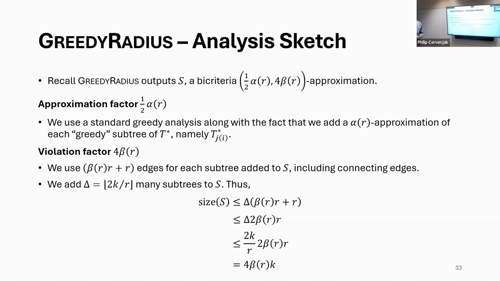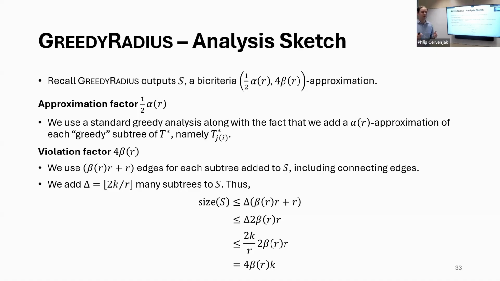And then to prove the violation factor, it's fairly straightforward arithmetic. We first observe that we use beta of R times R edges to approximate one of the subtrees. And we use another R edges to connect it to the root. And then we add delta many of these subtrees to our solution.